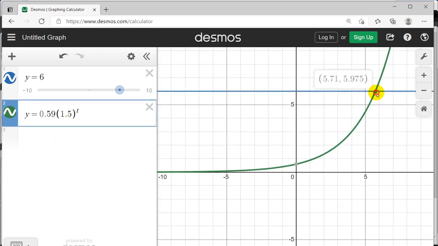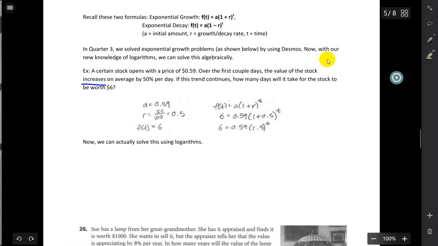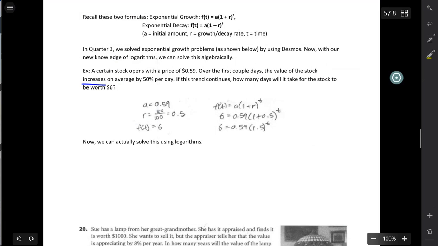If we do it correctly, this says that it's going to take about 5.72 days. If you remember from that example in class, 5.72 days for the stock to reach $6.